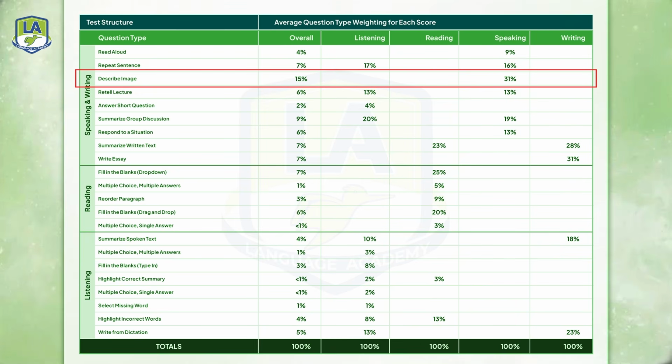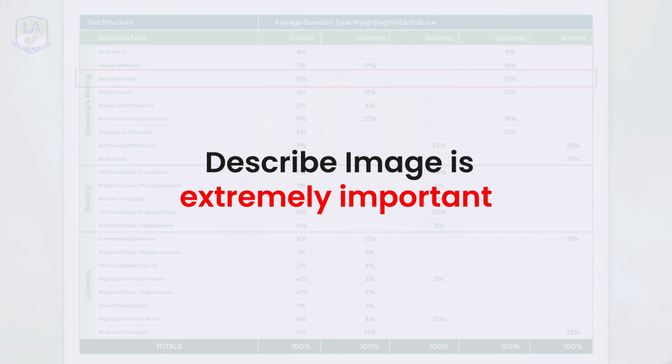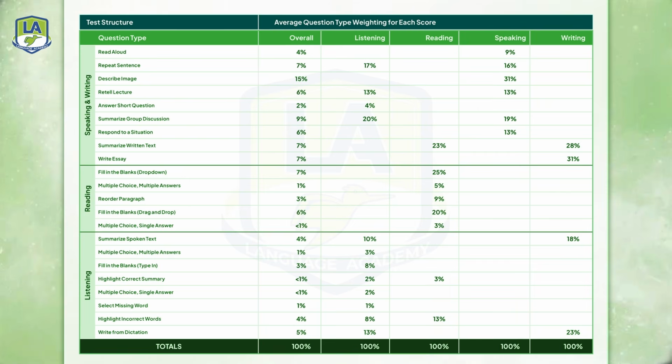Similarly, describe image will contribute around 15% overall and 31% in speaking. That is why describe image is extremely important, right? So this is how each and every question type will contribute towards different modules and the overall score as well.